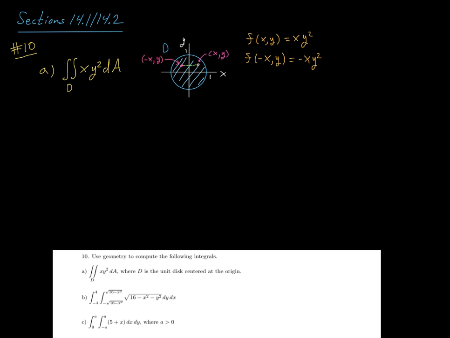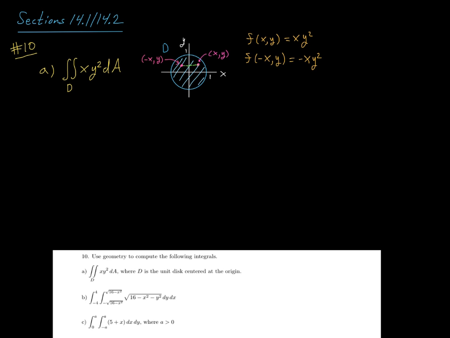So the function value at a point in either quadrant 1 or 2 will have an output that is equal but opposite to the output at the mirror image of our original point about the y-axis. What is that saying about the surface defined by f?